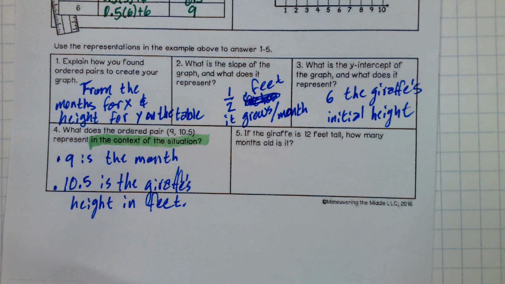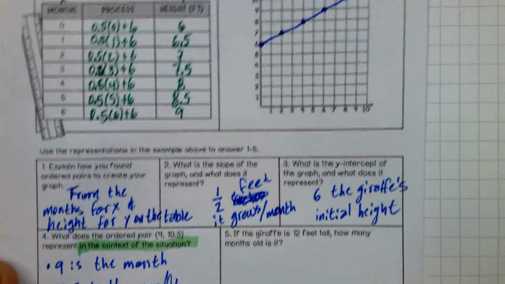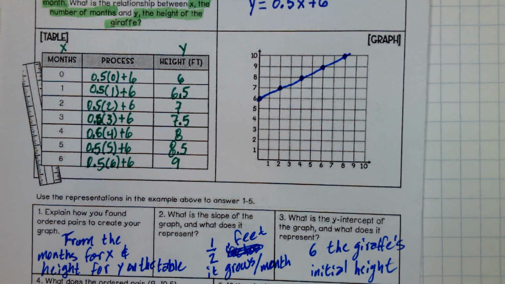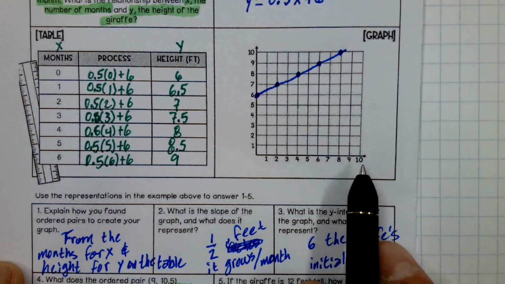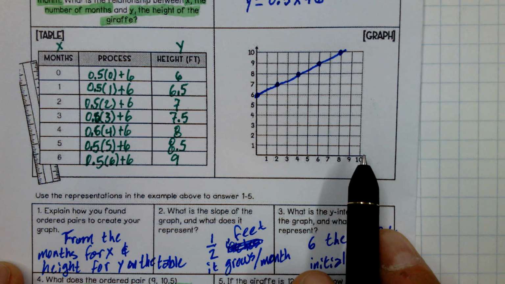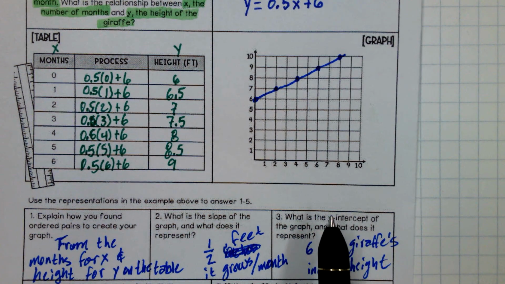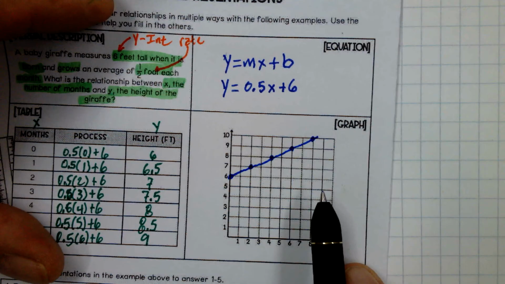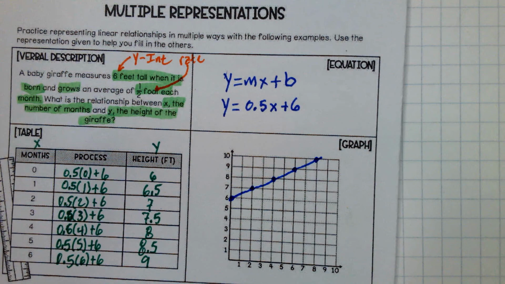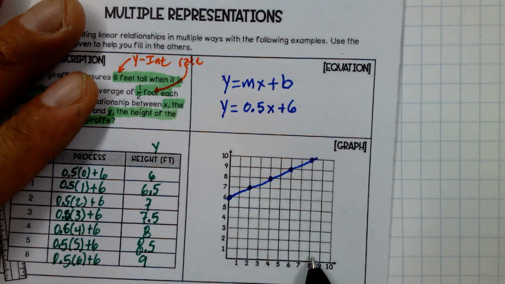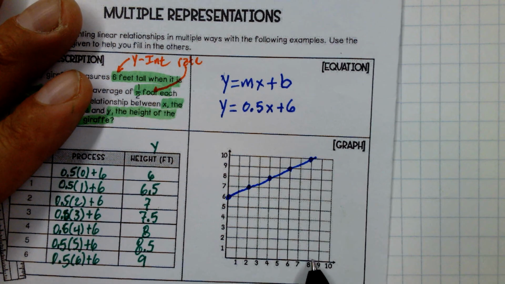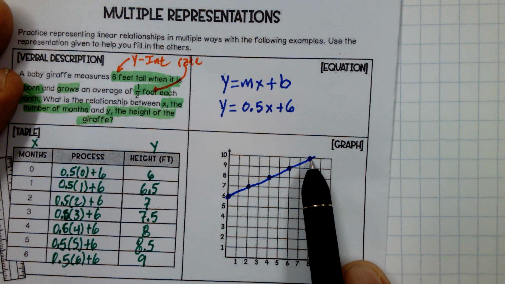Okay, if the giraffe is 12 feet tall, how many months old is it? 12 months old. Yeah, well, every 2 months, would it be accurate to say it grows 1 foot? Yes. So then after 8 months it's 10 feet.